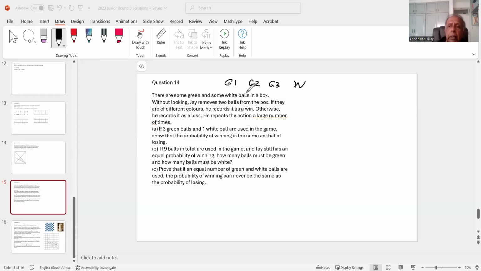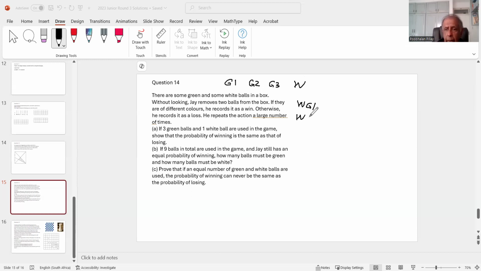So suppose you got that. Now he's taking out two of them. So let's write down all the possibilities. When he takes out two of them, he could take out a white ball, and once you take out the white ball, there's no more white.